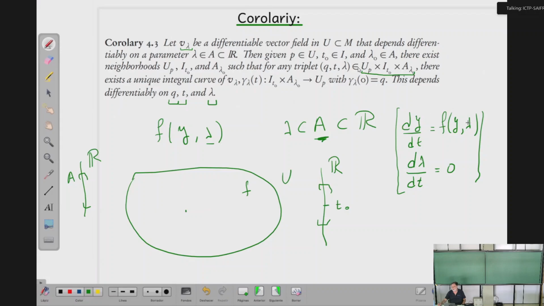And we apply the theorem to this whole system. And since the system was continuously differentiable with respect to the initial position Q and T, since now Q is Y0, say, and lambda, then it's differentiable also with respect to lambda.